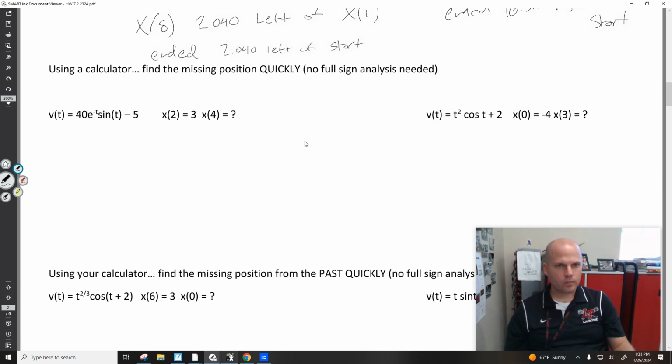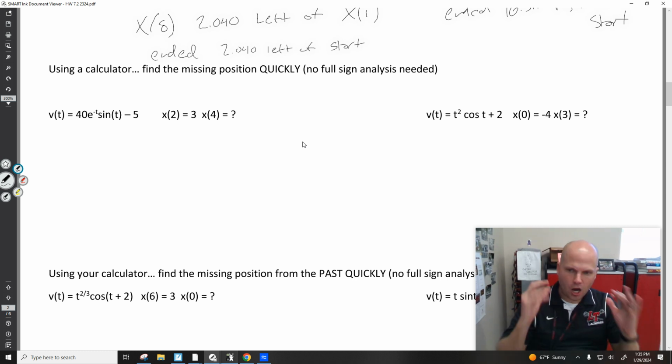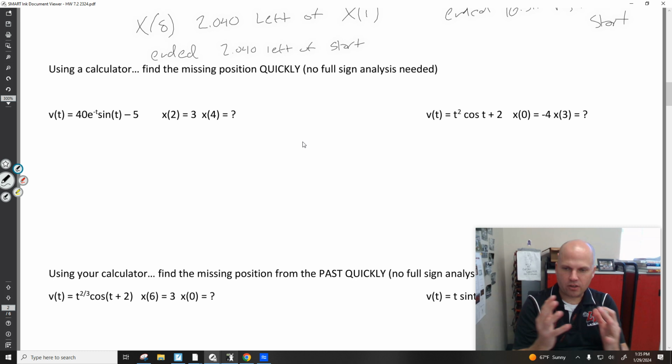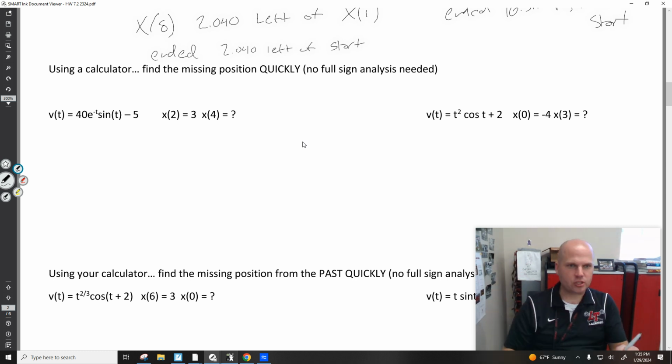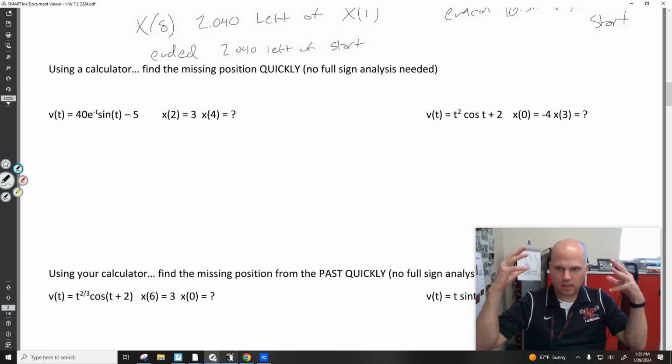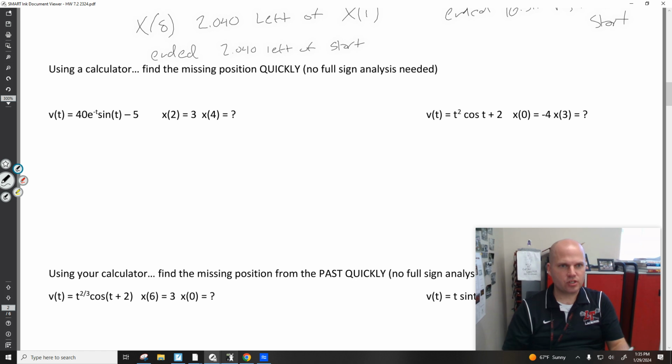You want to find something quickly without doing a full sign analysis? Understanding your calculator's doing everything. It'll incorporate how much I go to the right, how much I go to the left. It'll incorporate my displacement, how much my position changes. Here's what it would look like. Watch. I know X of 2 is 3.